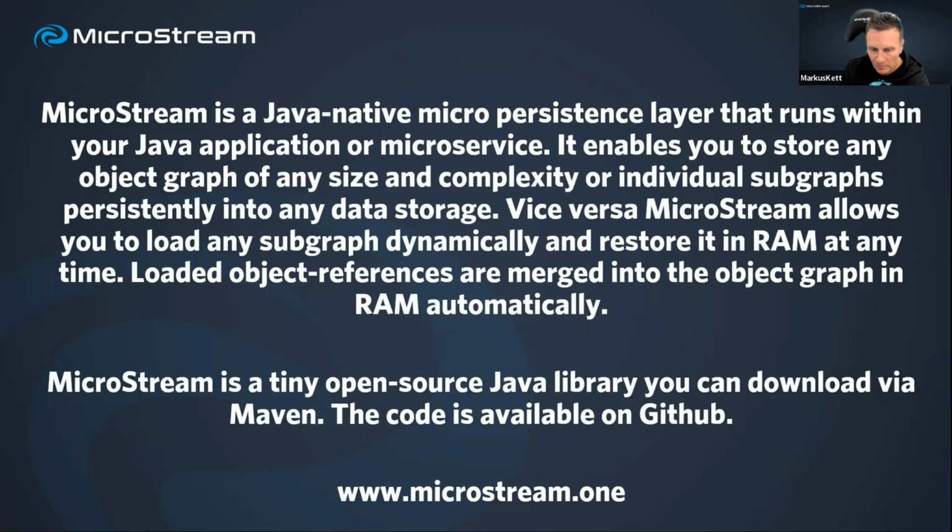You can build up your own key-value store. You can create your own index. Everything that is possible in Java, you can do, and MicroStream will be able to store it. The only thing that is not possible to store is something that cannot be reconstructed after loading.